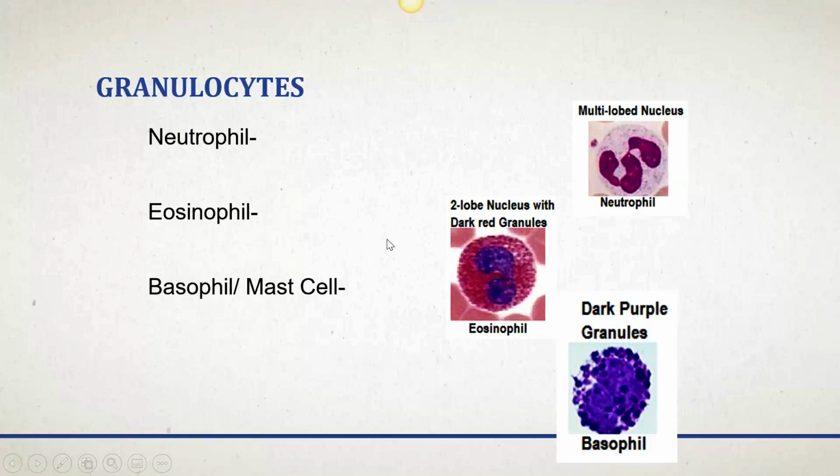So there's two major categories of white blood cells. The granulocytes, which contain granules, and the agranulocytes, which do not contain granules. The granulocytes include neutrophils, eosinophils, and the basophils or mast cells.